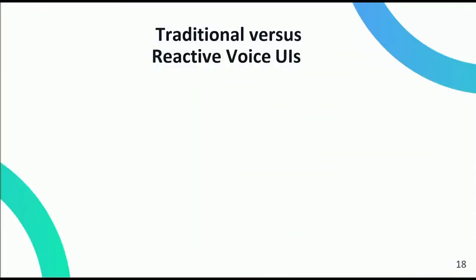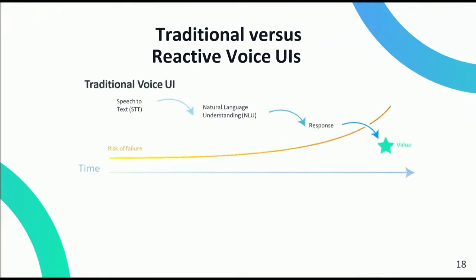So let's look at how traditional voice UIs work. When the user starts speaking, signal processing starts. When the user stops speaking, a couple of hundred milliseconds after that, the signal is endpointed and a transcript is returned. That is then passed on to natural language understanding for getting the intents and entities of the speaker.